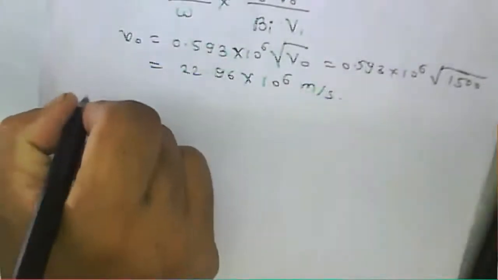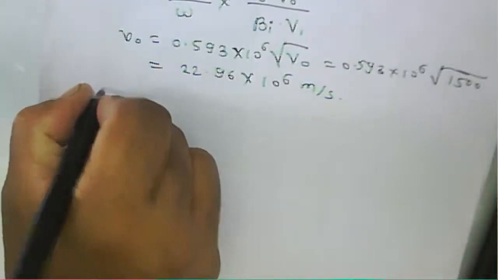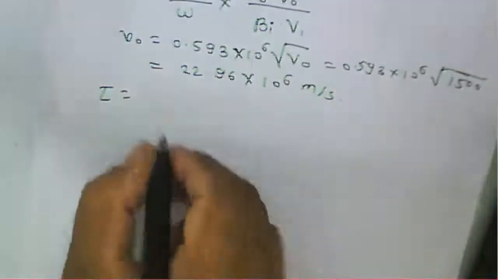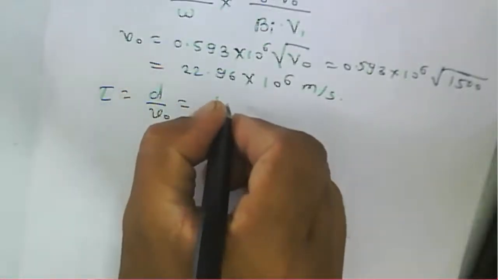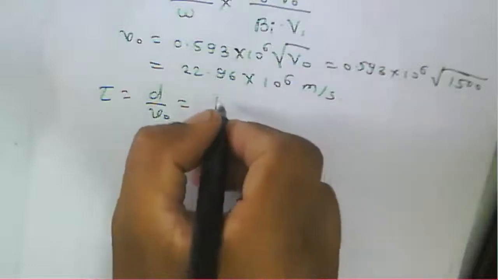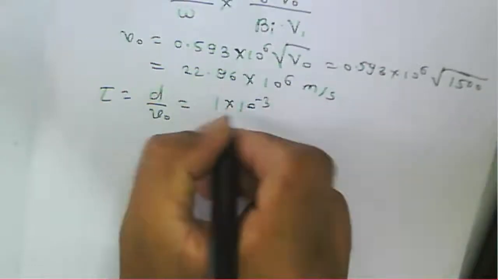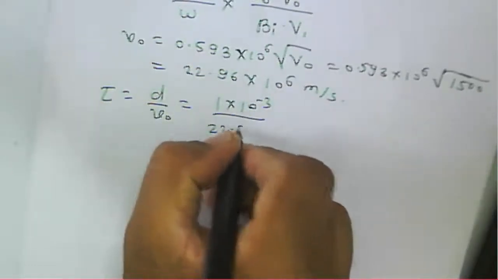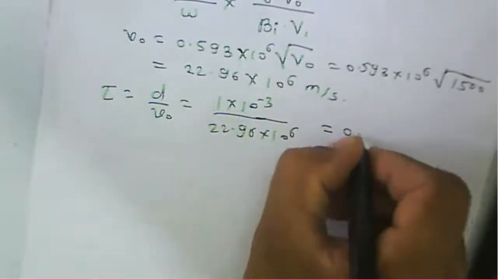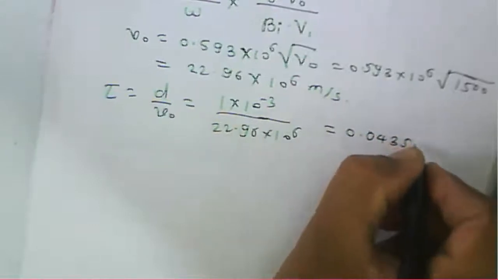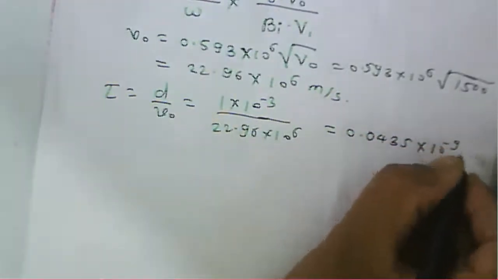Next, we need to find the gap transit angle. The transit time tau is equal to d by v0, d is 1 mm, that is 10 to the power minus 3, and v0 is 22.96. After solving, we'll get 0.0435 into 10 to the power minus 9 seconds.